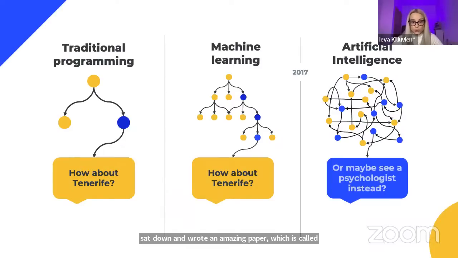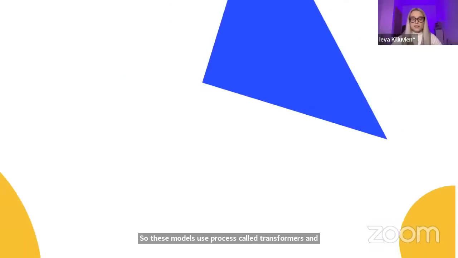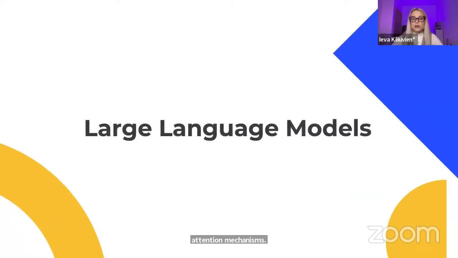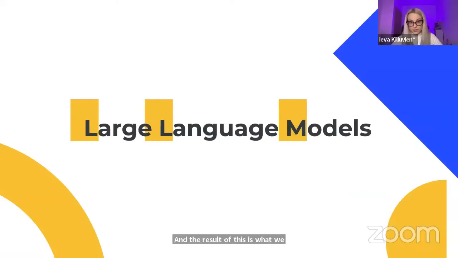And it proposed a new way to create artificial intelligence that would be very good at working with human language. So these models use a process called transformers and attention mechanisms. And the result of this is what we now call large language models or LLMs.